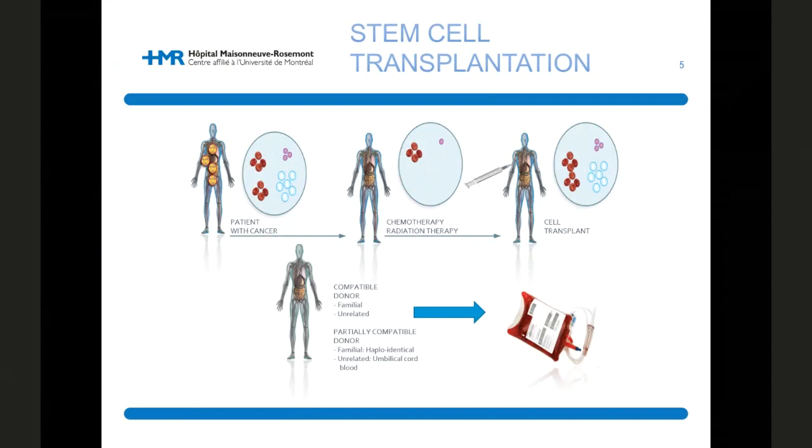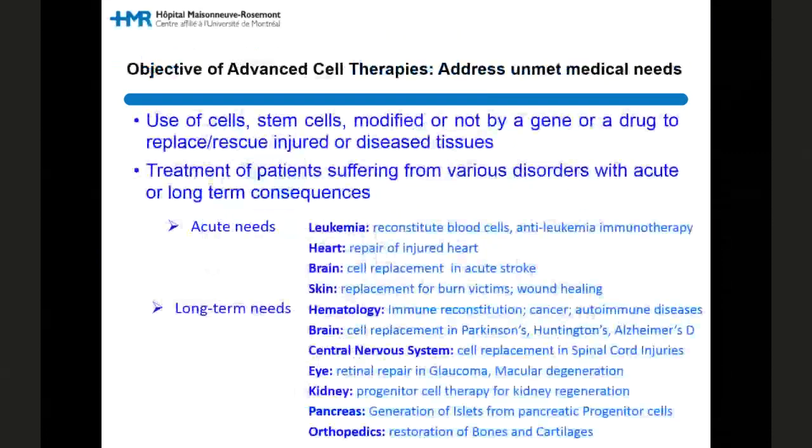But actually, there are a large number of applications right now to be using these cells, either unmanipulated, but more importantly, manipulated, modified in order to exert the activity that we want them to do. And then recently, there's the addition of gene therapy, which is now becoming a real issue as this is now authorized in centers all across Canada.